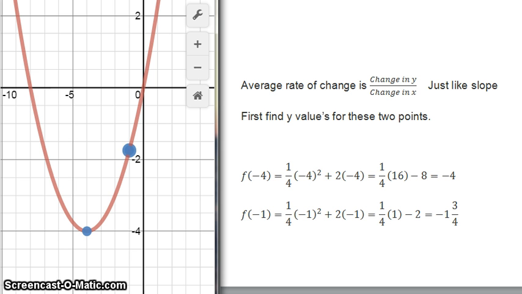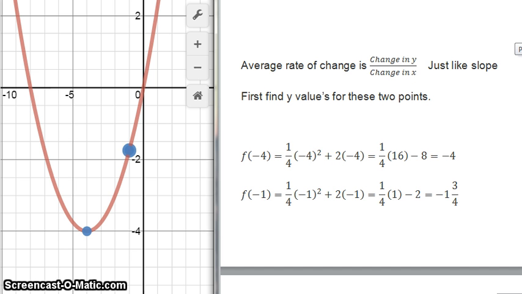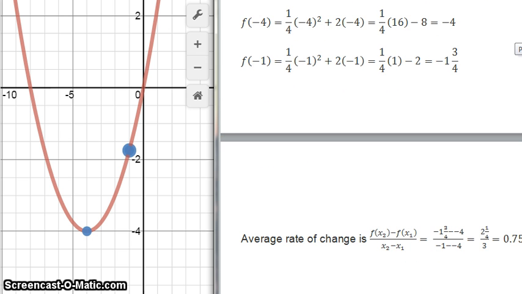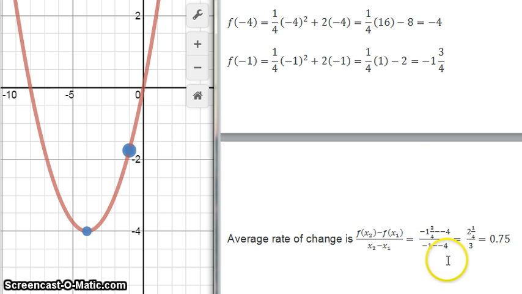These 2 points are now really important for our average rate of change. What we do is calculate the change in y over the change in x.